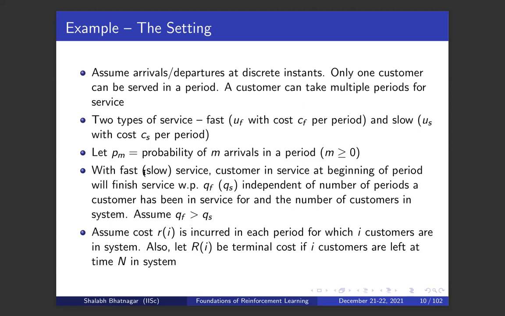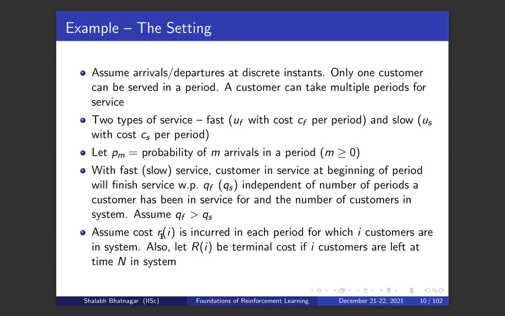When you are using slow service, the customer in service gets out with probability QS at the end of the period. We'll assume again that QF is more than QS because you are paying more. So the probability that you will be out of the system by the end of the period is higher as opposed to when you use a slower service.